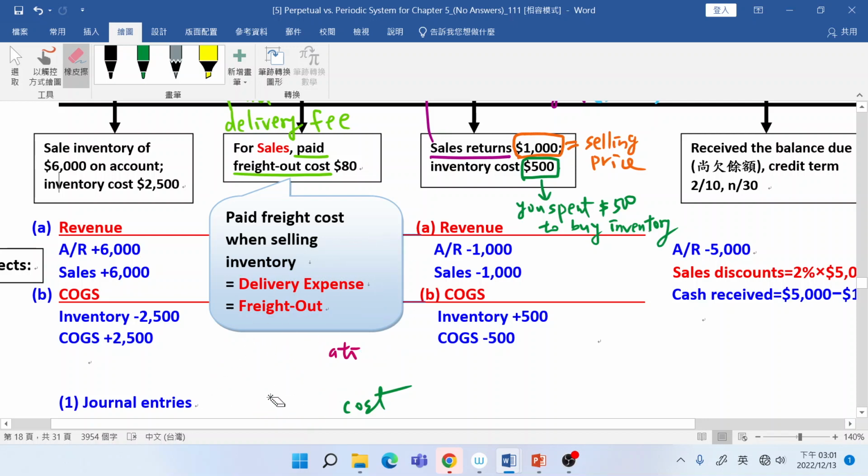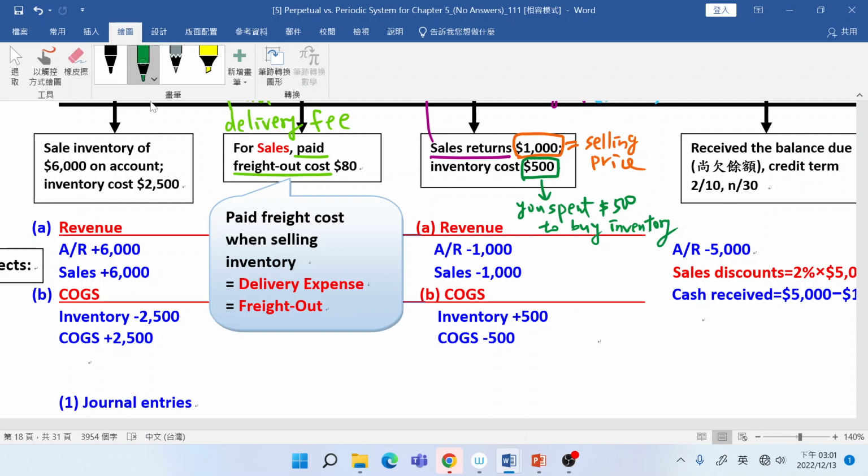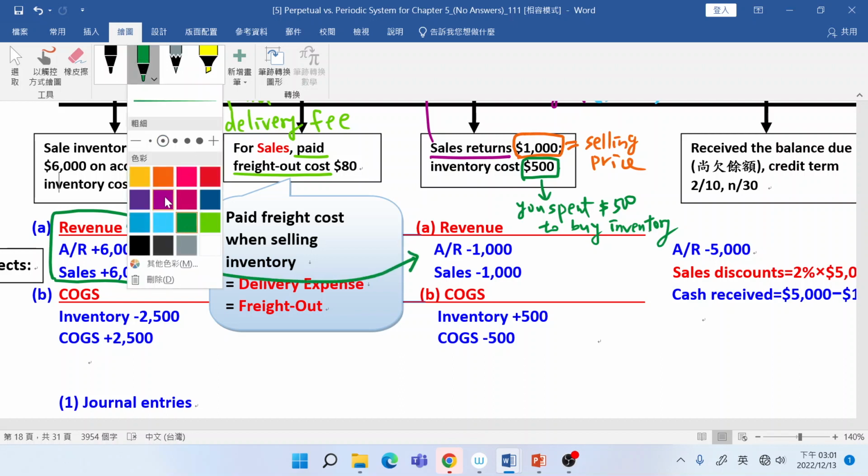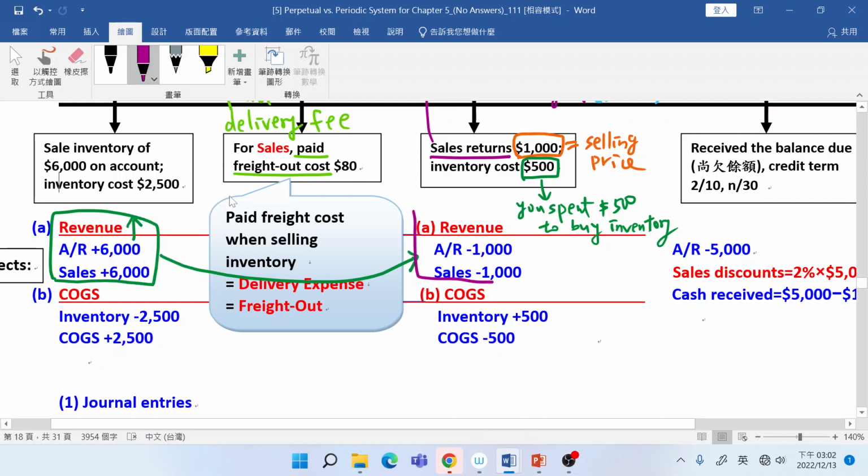So when you look at comparing June 1st and June 9th, then you will note you just have the opposite situation. For revenues, before your revenues increase, right? When you got inventory back, that will make your revenues increase or decrease? Decrease, right? Because you got the inventory back from customers. So means what?